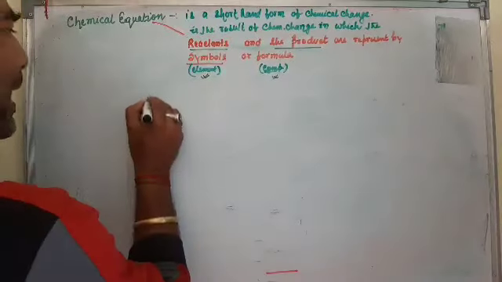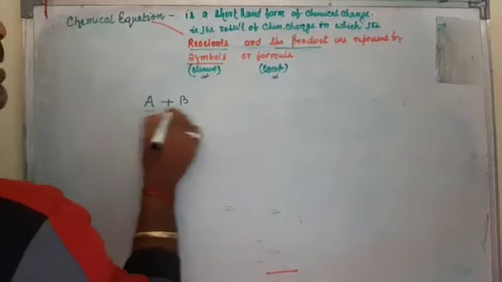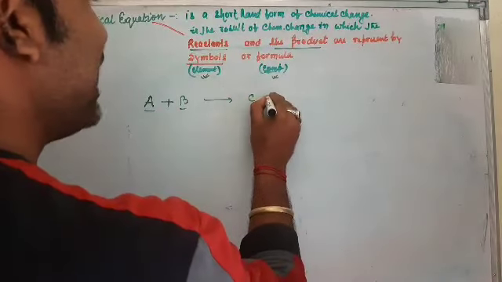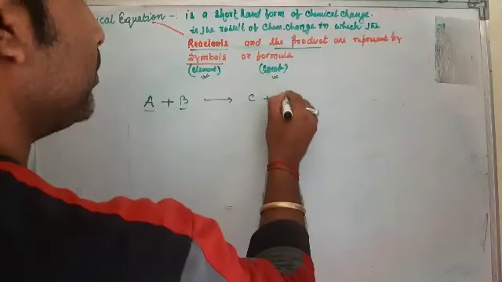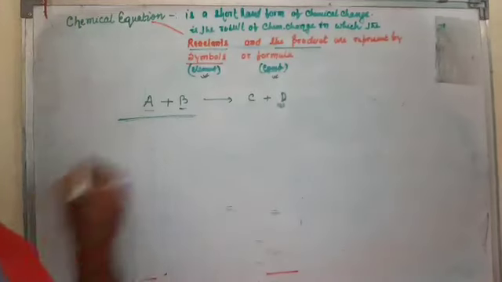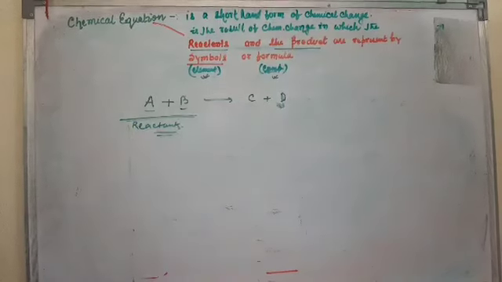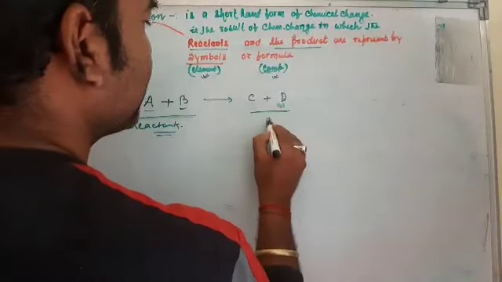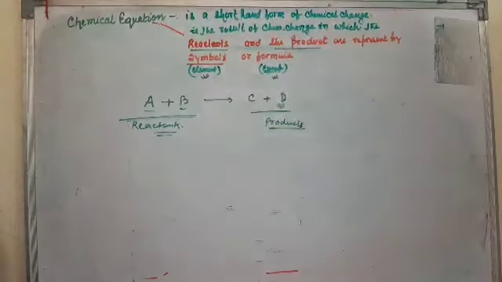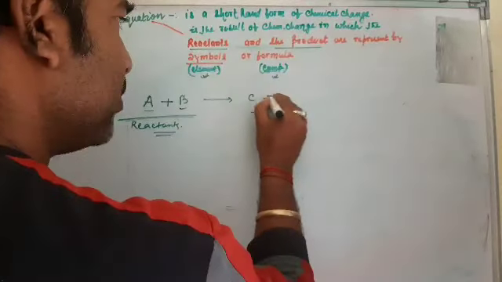Suppose A and B, one element and one compound, form C and D. The left hand side is known as reactants, and the right hand side is known as products. If there is one product, then only C. If there is more than one, you use a plus sign.